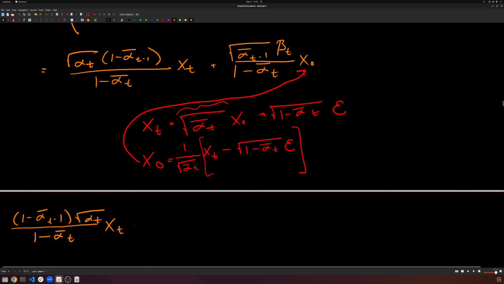Similarly, for all of this stuff here, it's going to be the square root of alpha hat t minus 1, and the beta t here.